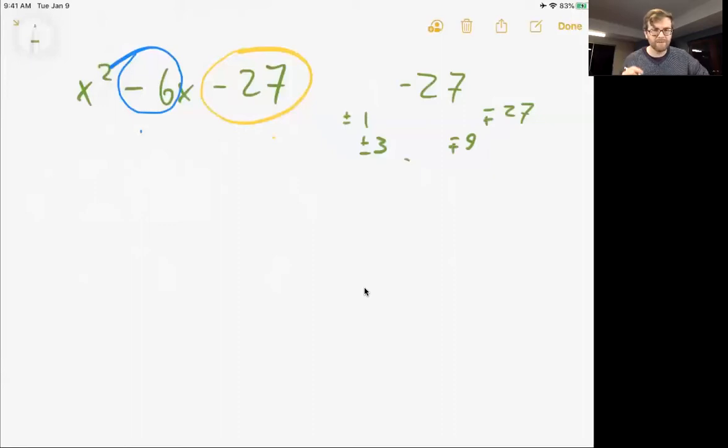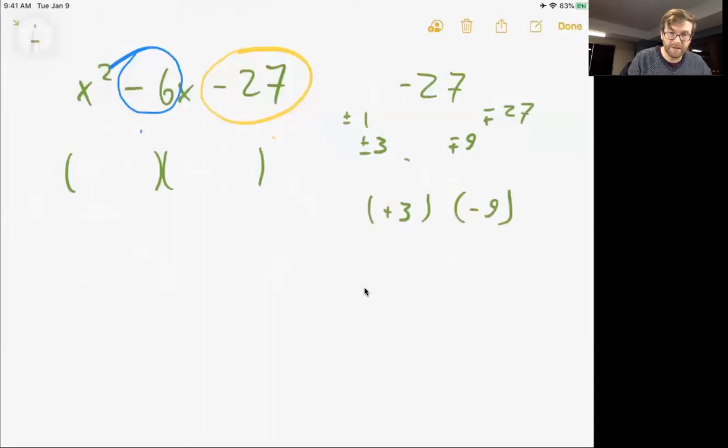And I think I find them here in this positive 3 multiplied by negative 9, right? So positive 3 multiplied by negative 9 is negative 27, and when I add them together, positive 3 plus negative 9 is negative 6. So I found them. And remember, since the leading coefficient is 1, the first bits of these binomials are really easy.